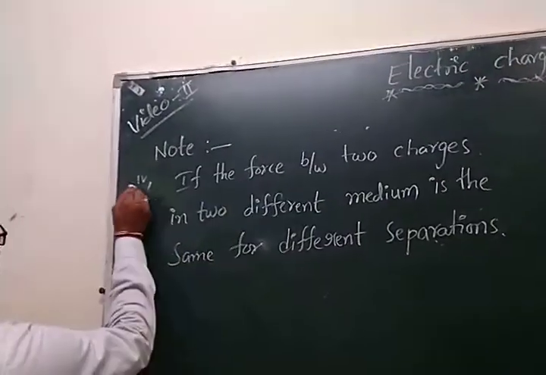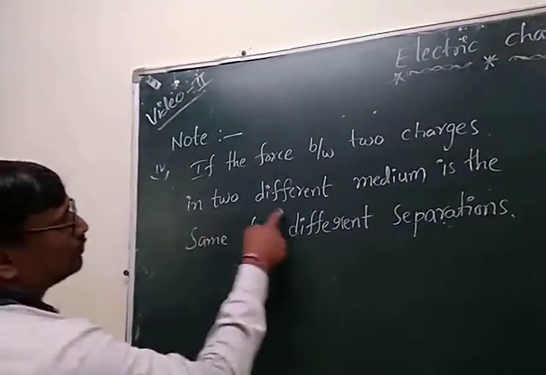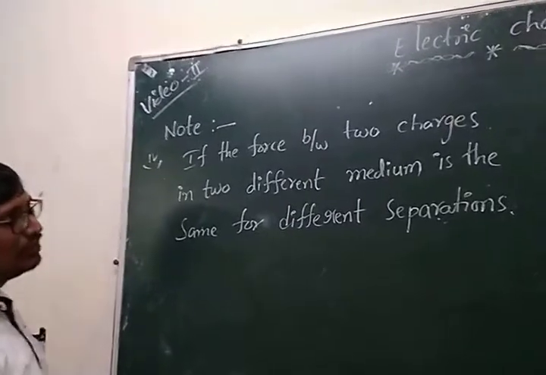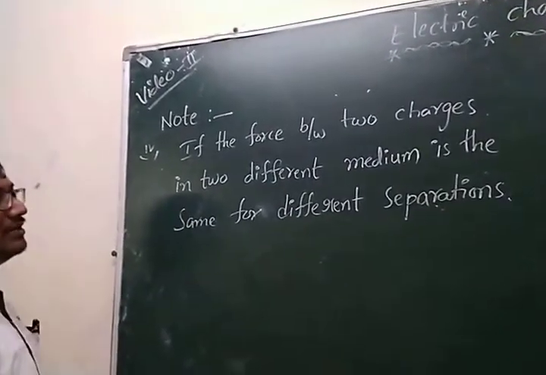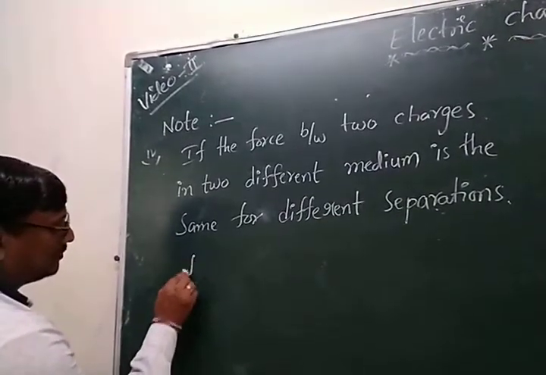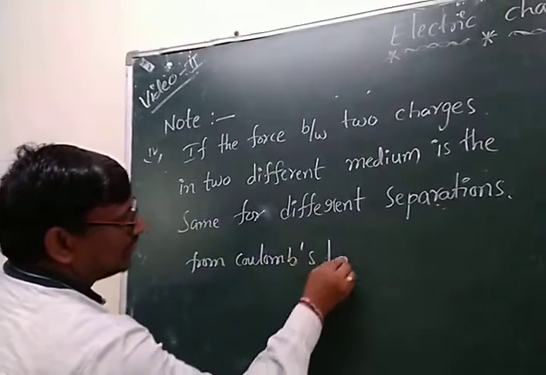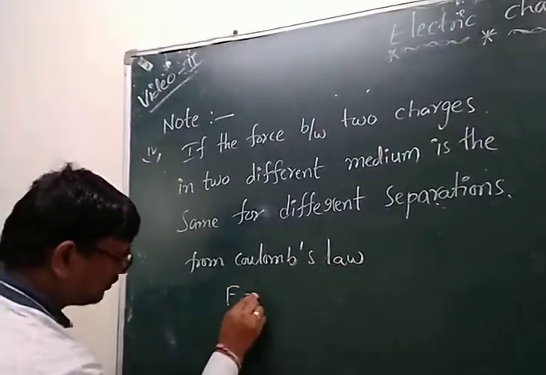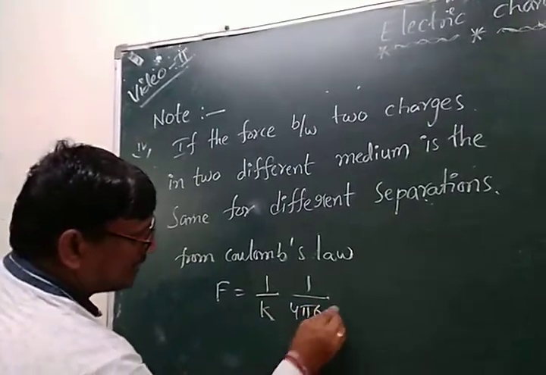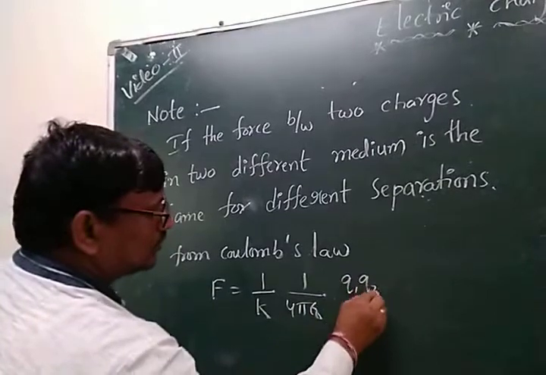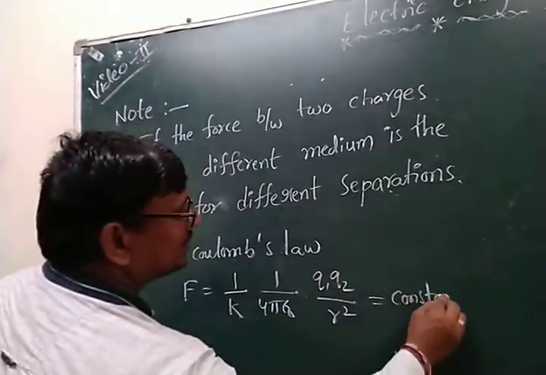See the next application, the fourth one. If the force between two charges in two different mediums is the same for different separations. Again from Coulomb's law, what is the formula? F is equal to 1 by K times 1 by 4 pi epsilon naught Q1 Q2 by R square is equal to constant.